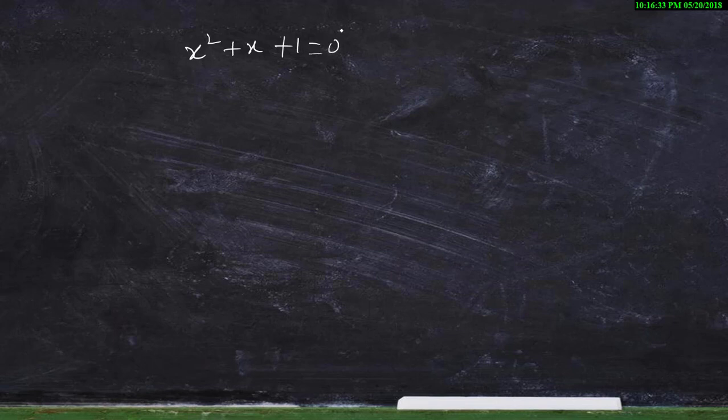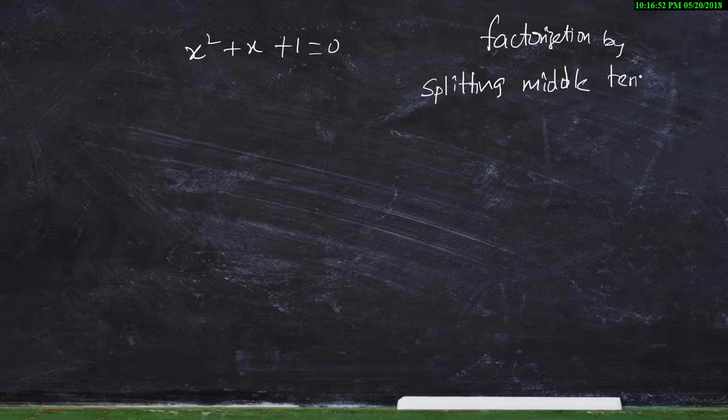Clearly we understood that we will not get real roots. Now we cannot do factorization by splitting the middle term, because factorization by splitting the middle term can be done only for real roots.